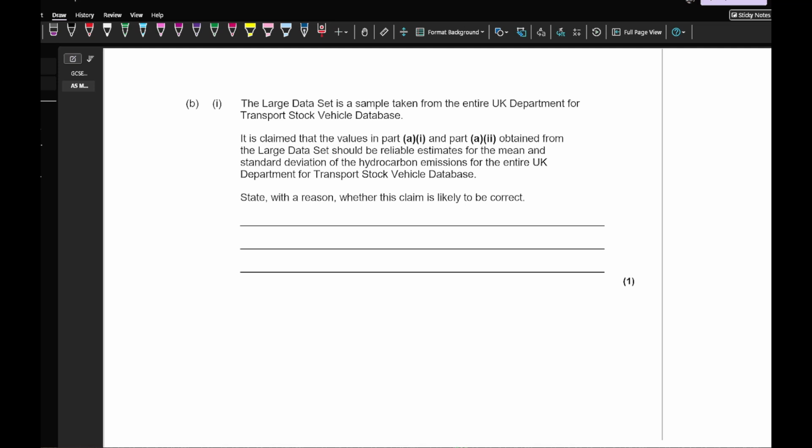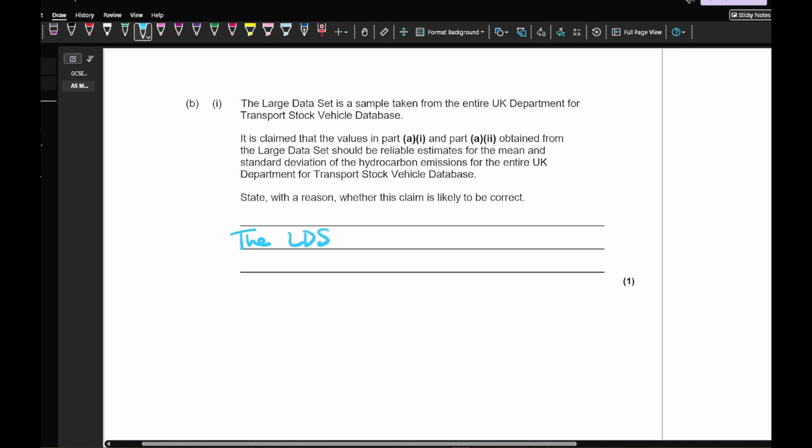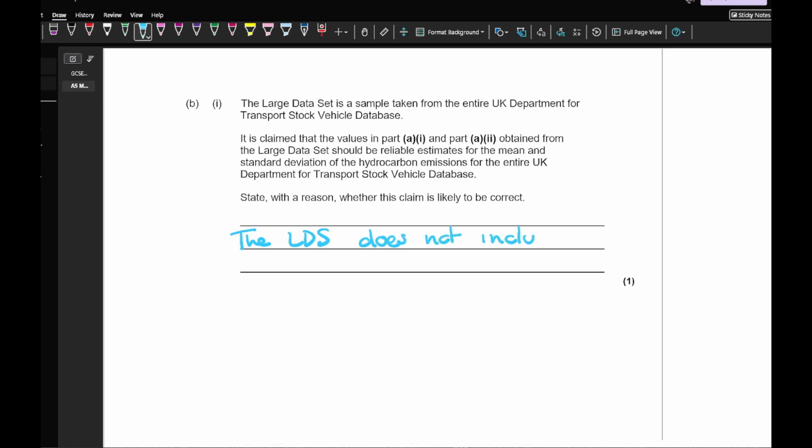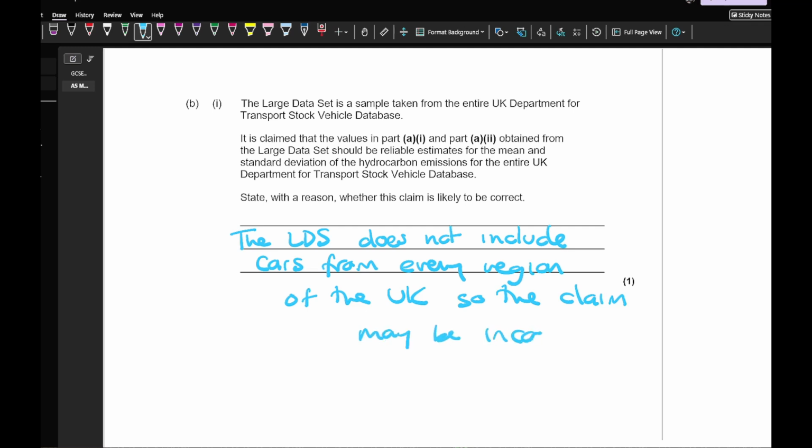So for this, what you want to say is something along the lines of, and this is just quoted from the mark scheme, that the large data set does not include cars from every region of the UK, so the claim may be incorrect.